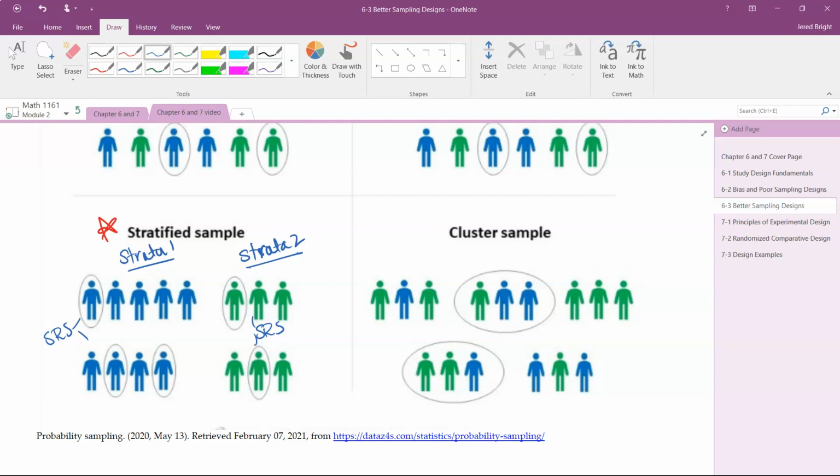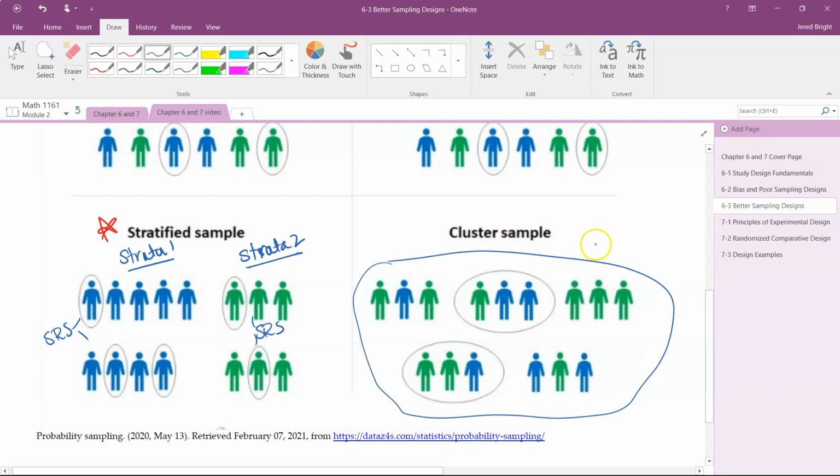And then the next sampling procedure is called a cluster sample. What you do in a cluster sample is you break the population into different groups based on a different factor, okay? And then you randomly select those clusters. So let's say, imagine this is the entire population of a high school, and you're splitting it into different classes.